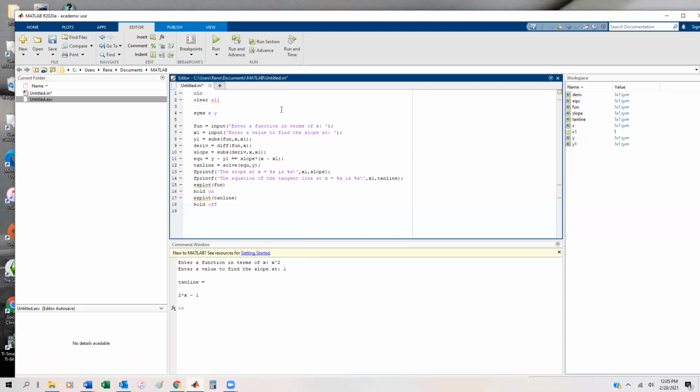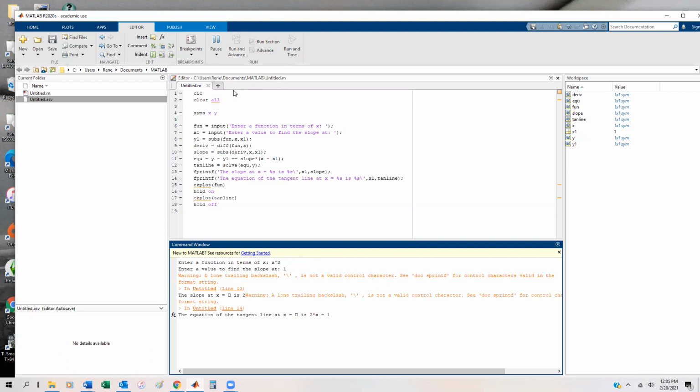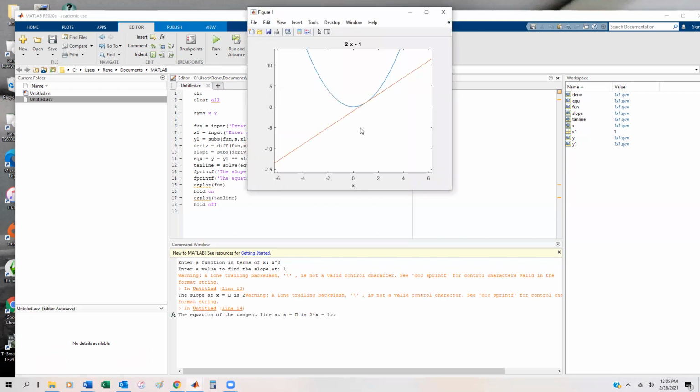Right, so let's go ahead and run it. Let's just do x squared again, nice and easy one, and we'll do it at 1. All right, so it looks like everything happened okay. It looks like a long trailing backslash.